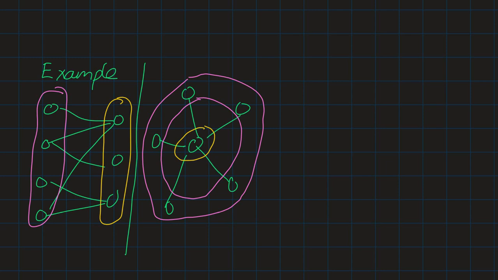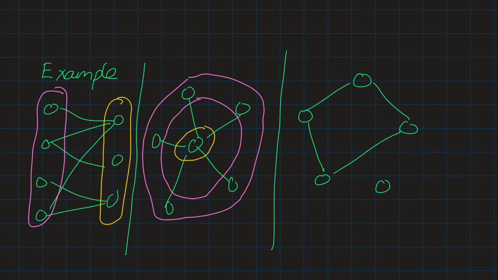Let's do a slightly harder one. So I could do something like this. Is this bipartite? Well, it doesn't look as simple as the first one. It's not as obvious how you divide the vertices, but it might still be possible to divide the vertices into two disjoint partitions so that there are no edges within them.